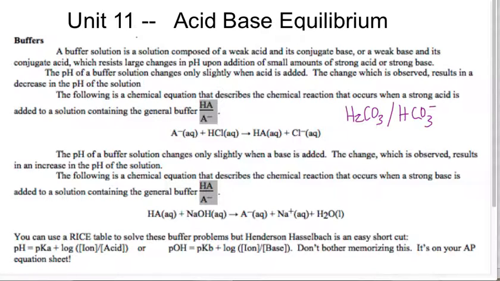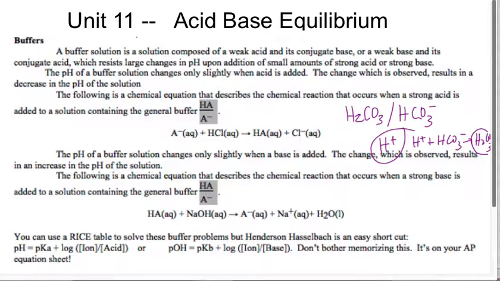If H+ is added, which component of the buffer will this react with? The HCO3-, correct. So we get H+ plus HCO3-, and we make H2CO3. So theoretically, we took a strong acid and we turned it into a weak acid. That helped maintain the pH level.